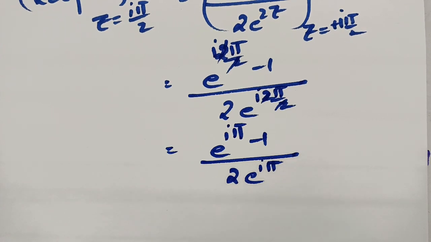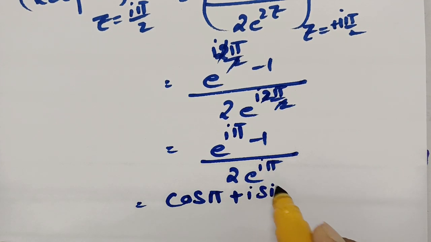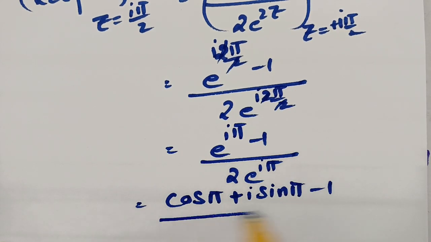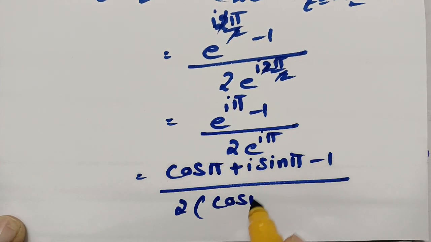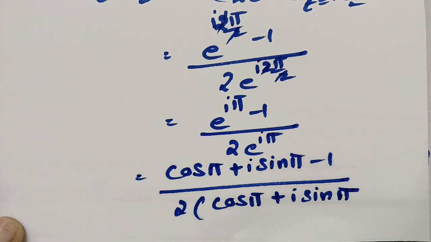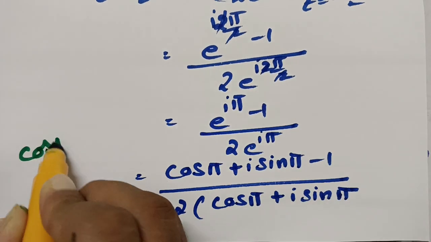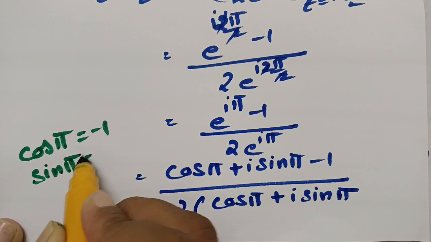Here e^(iπ) is nothing but cos π + i sin π. So this is (−1)/(2(cos π + i sin π)). The cos π value is minus 1 and the sin π value is equal to 0.